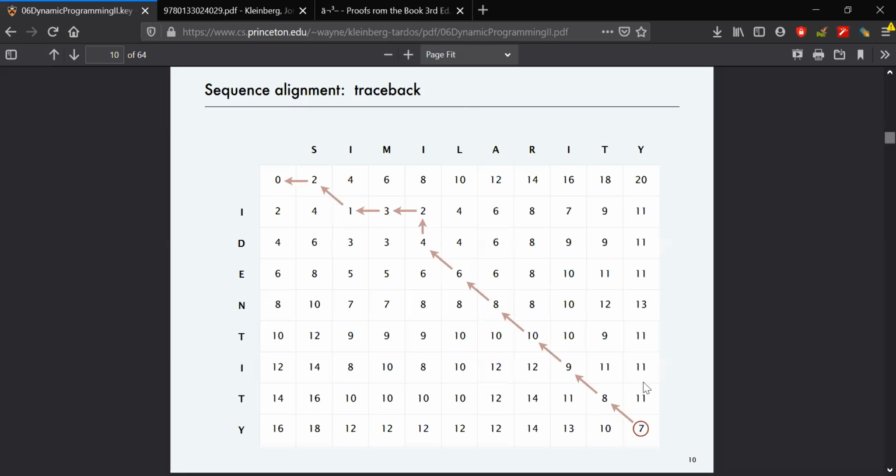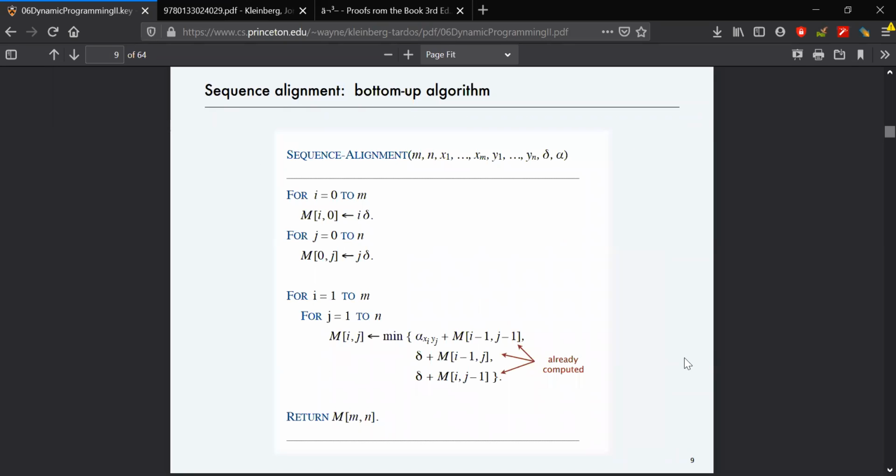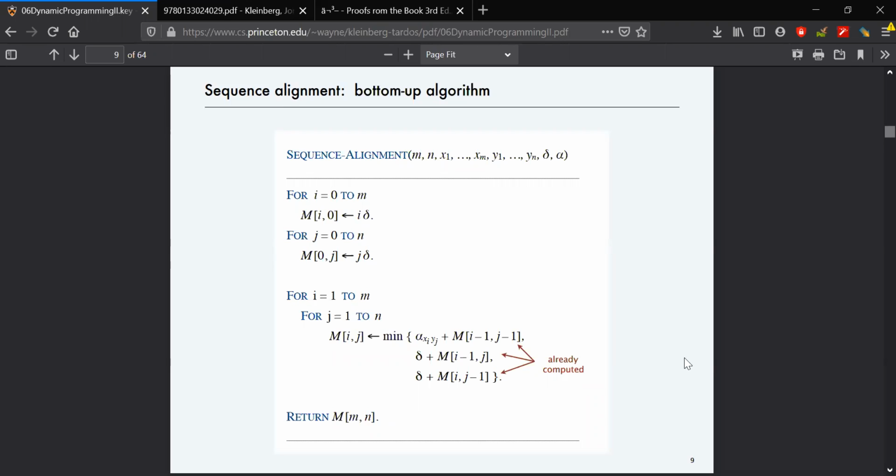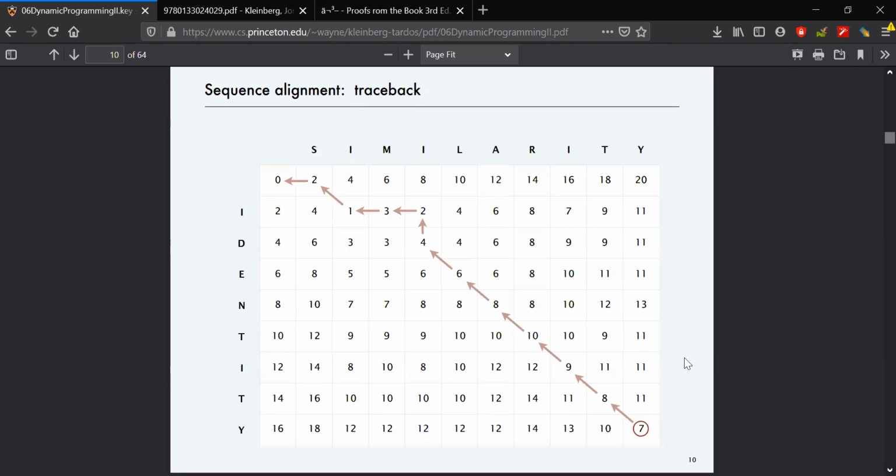So your algorithm says that your cost always increases as you go from i minus 1, j minus 1 to ij, or i minus 1, j to ij. Basically alpha and delta are both positive, so M(i,j) should be greater than all 3 of its neighbors.